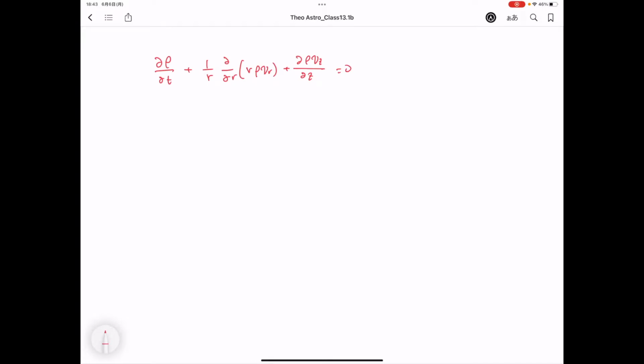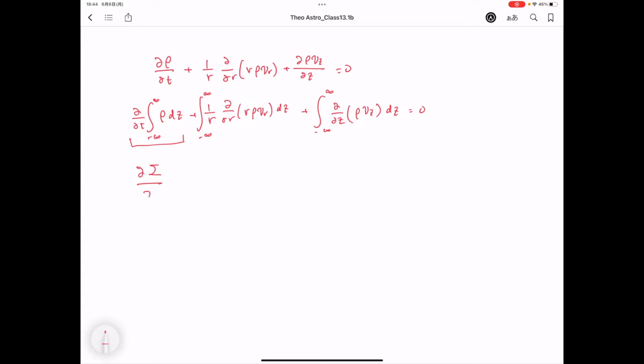Then we integrate. The first term is expressed as partial Sigma over partial t. And for the second term, v sub r is estimated by the value at the midplane. We just integrate rho with respect to z.